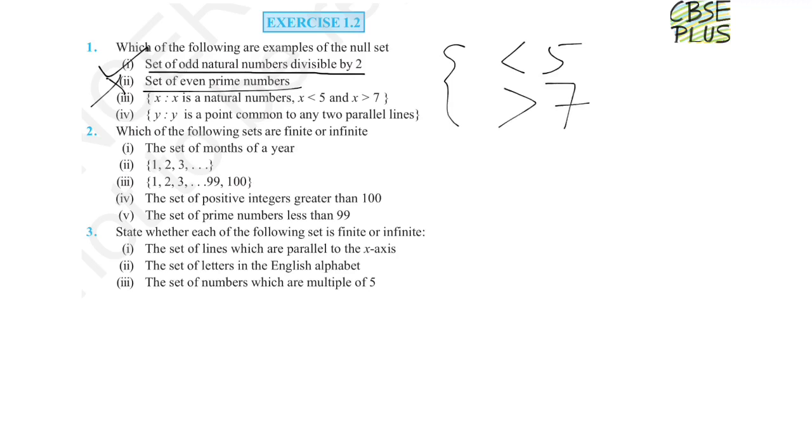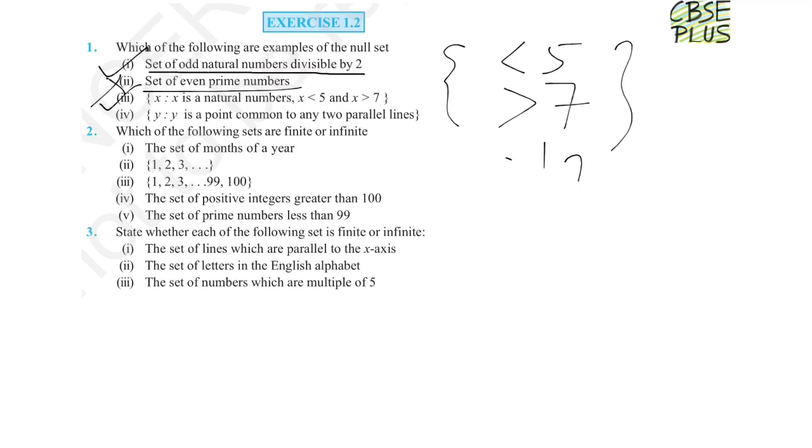At the same time any number cannot be less than 5 and greater than 7. So this condition cannot be fulfilled with a natural number. In fact the only element of this set is phi. So this is also a null set.